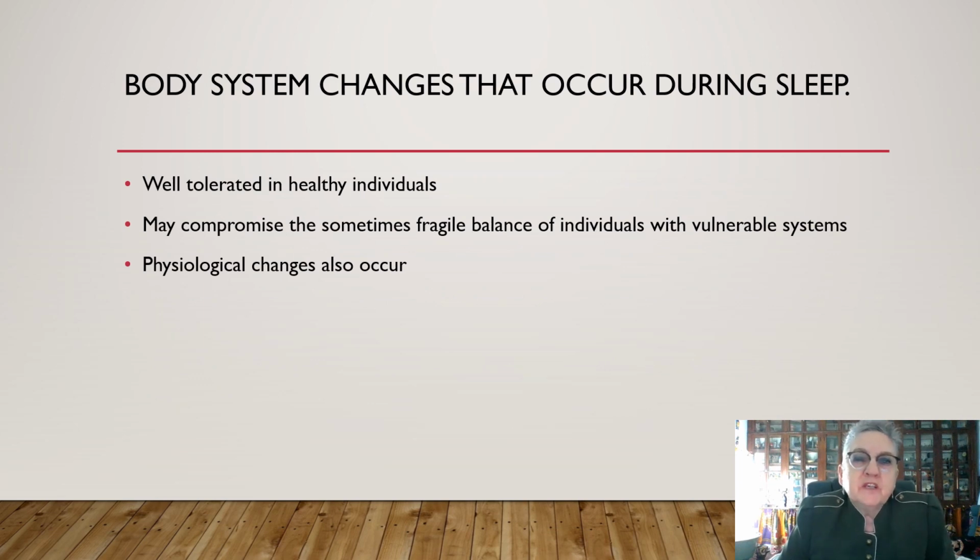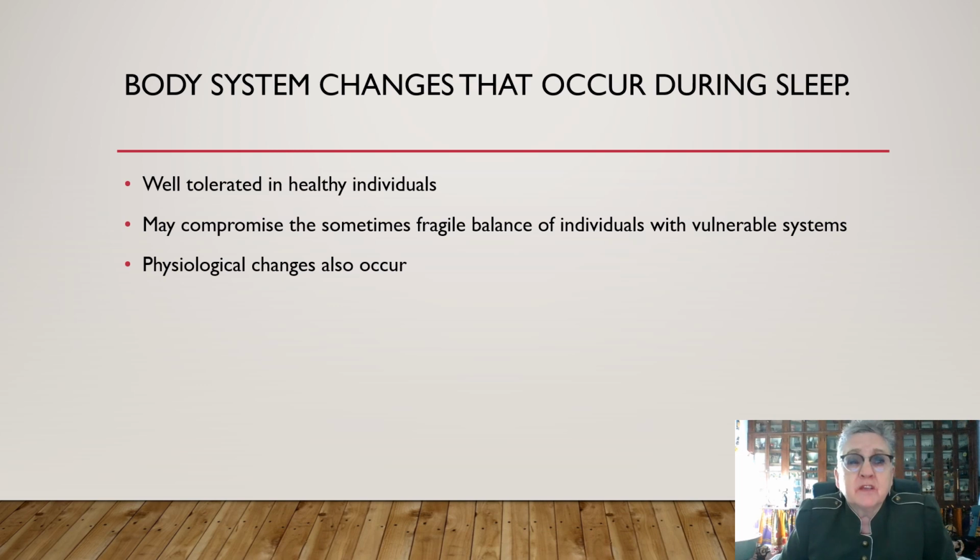Body system changes that occur during sleep, and we'll talk about normal sleep right now. It's well tolerated in healthy individuals. It may compromise some of the fragile balance of individuals with vulnerable systems, such as heart disease, diabetes, obesity, and endocrine conditions.